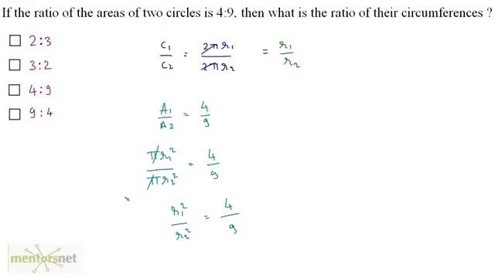Now taking the square root on both sides, you get r1 by r2, and that's root 4 is 2, root 9 is 3. So you get the ratio of the circumferences as 2 by 3. So option A is the correct answer.